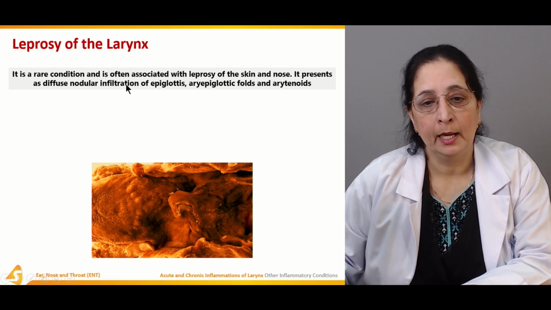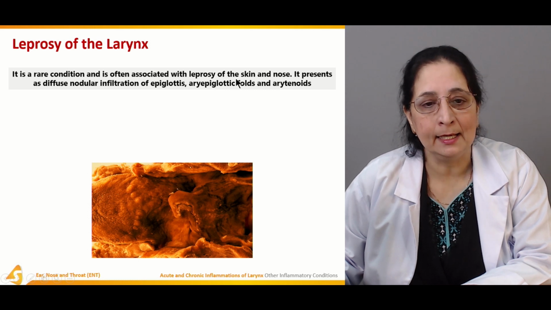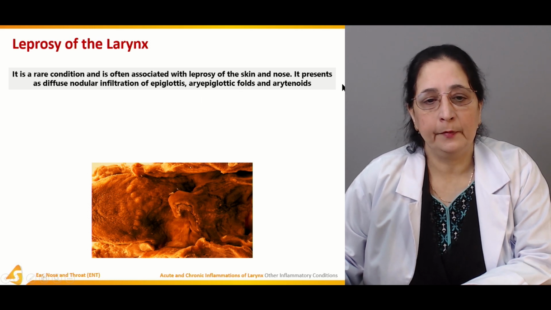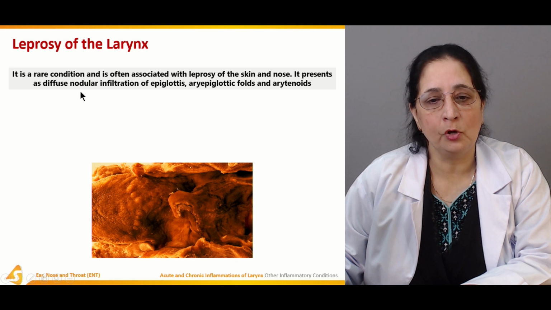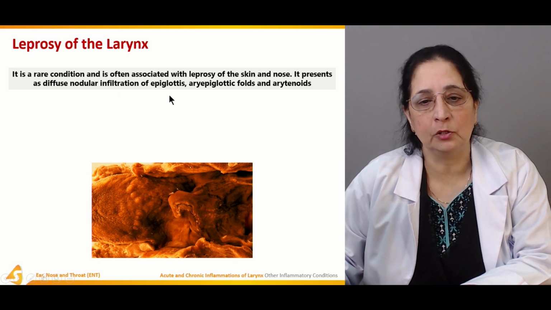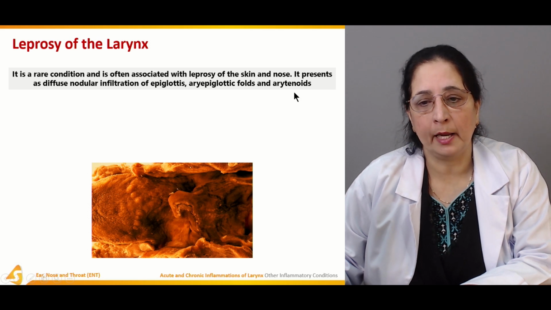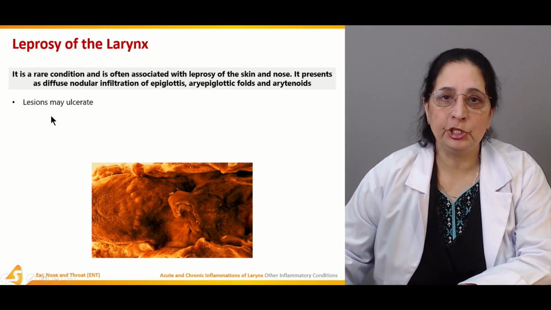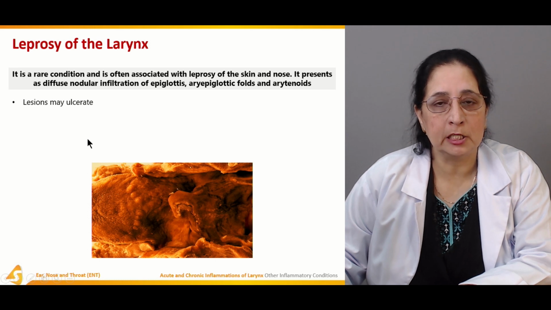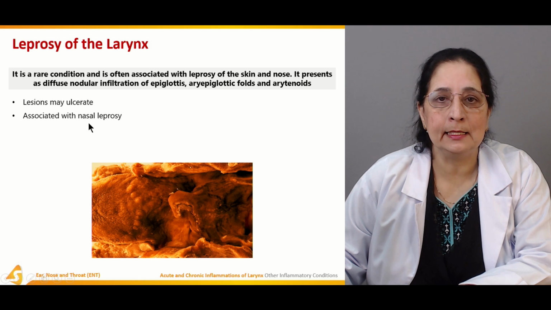Leprosy is a rare condition and is often associated with leprosy of the skin and nose. It presents as diffuse nodular infiltration of the epiglottis, aryepiglottic fold, and arytenoids. Lesions of leprosy also may ulcerate, associated with nasal leprosy.